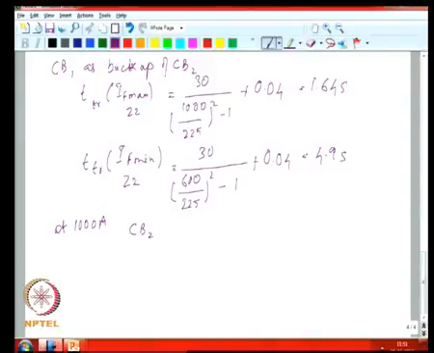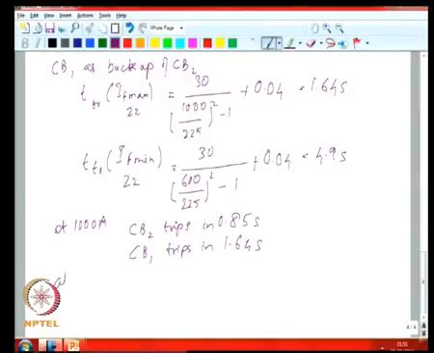At 1000 amps, CB2 trips in 0.85 seconds and CB1 trips in 1.64 seconds. So CB2 should obviously trip earlier. If it does not trip, then CB1 acts at 1.64 seconds.